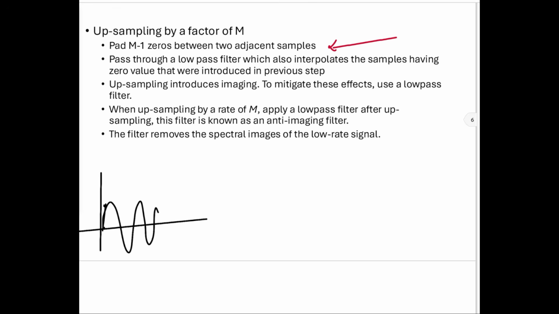Let's assume for simplicity that M equals 2. So I have to pad 1 zero between 2 adjacent samples. This will be my original signal, and I have introduced zeros between 2 adjacent samples.